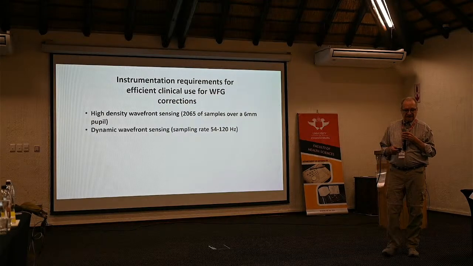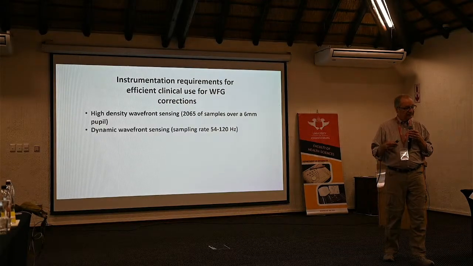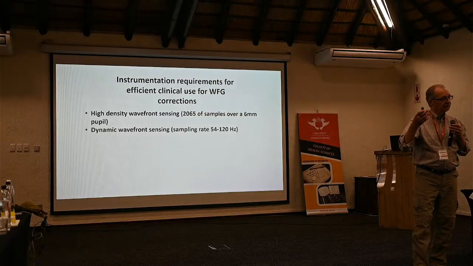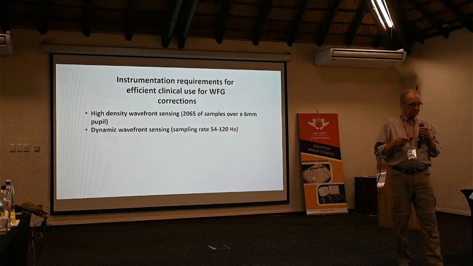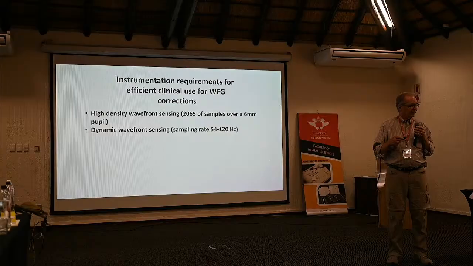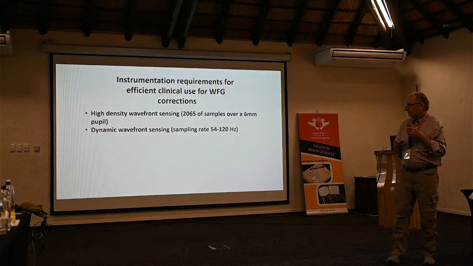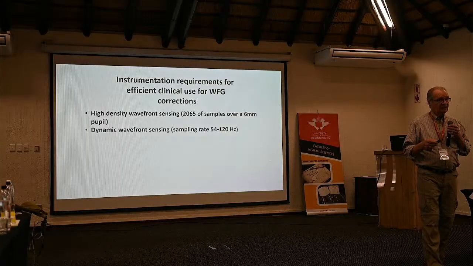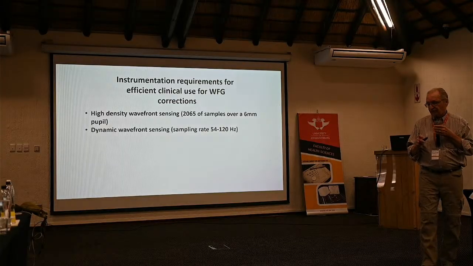Dynamic wavefront sensing, for several reasons we discussed a little bit yesterday, from tear film dynamics to little movements of the contact lens when it's on the eye. You need to be able to measure the wavefront over time, average, and determine the best wavefront-guided correction.